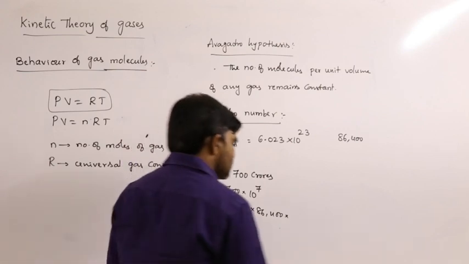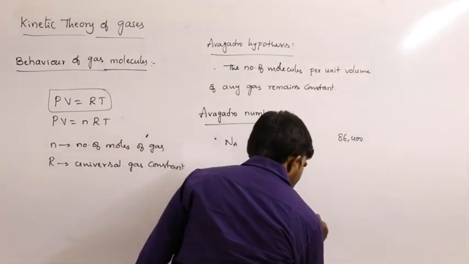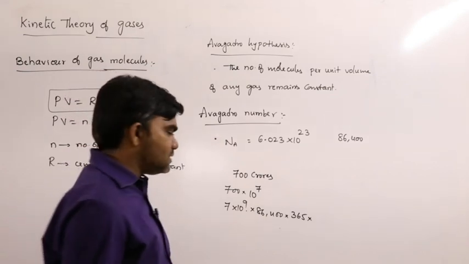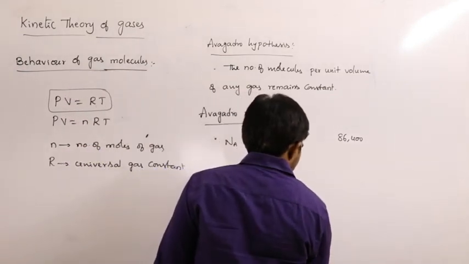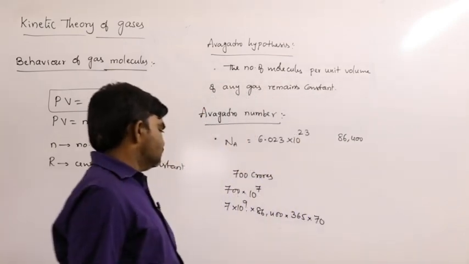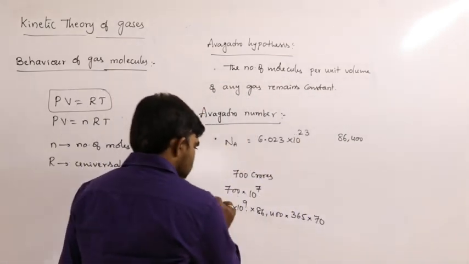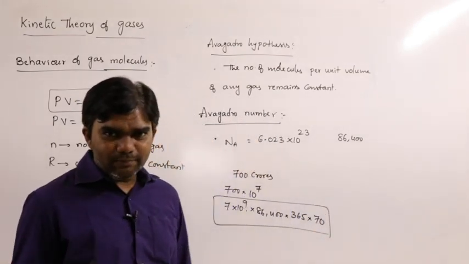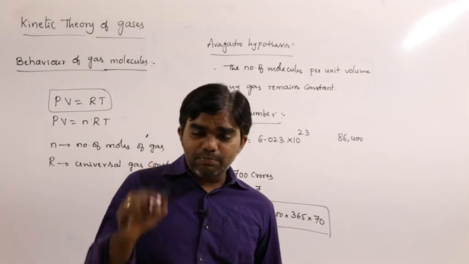Per year how many days? 365. Let us say the average lifetime of each person is 70 years. So this is the total number counted during the lifetime of each person.